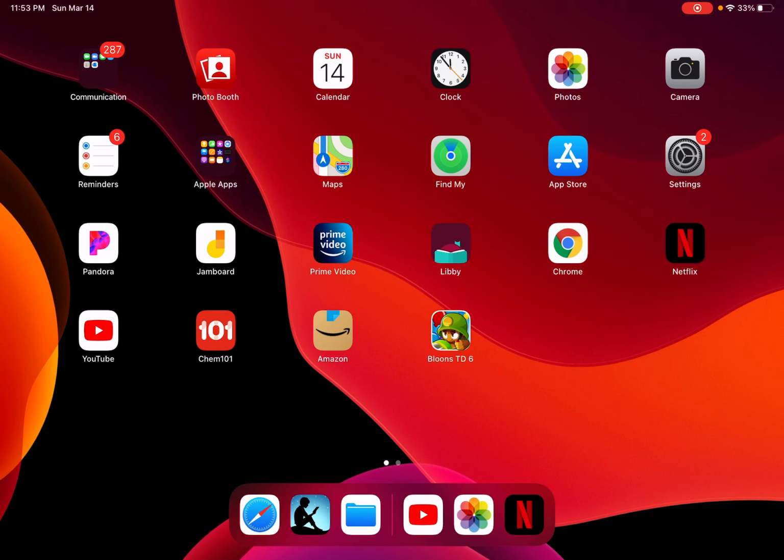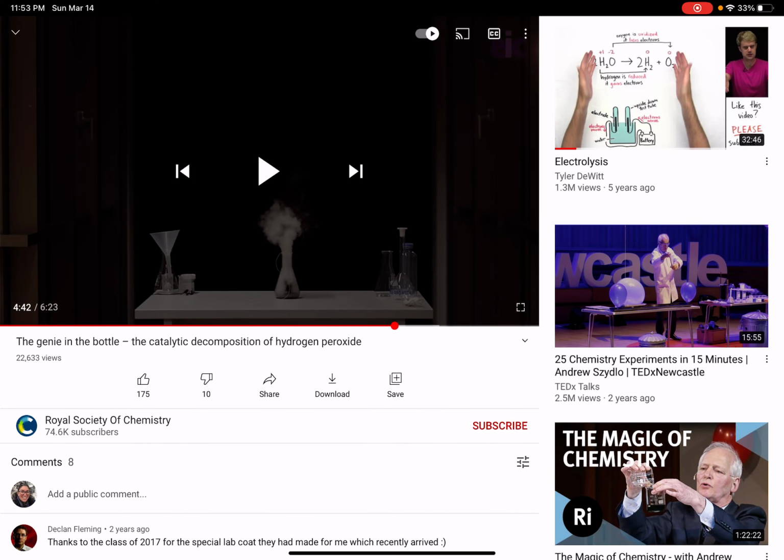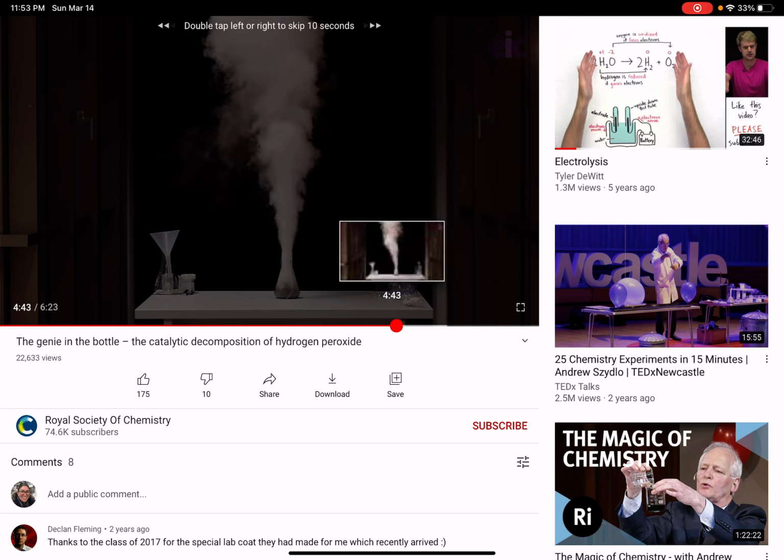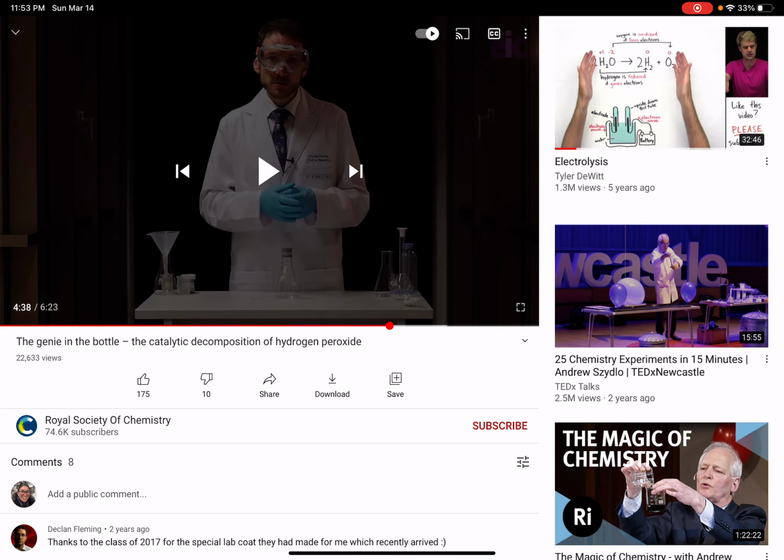Okay, let's see. Here it is. Scooch it back a little bit. So this is just a reaction. It's a catalytic decomposition of hydrogen peroxide, but it's a real good illustration of how the reaction rate initially starts very fast and then it slows down.